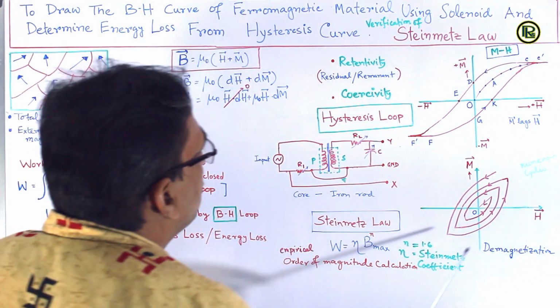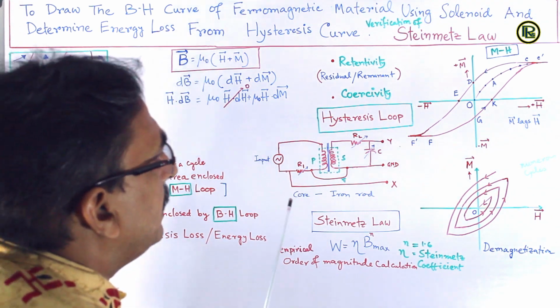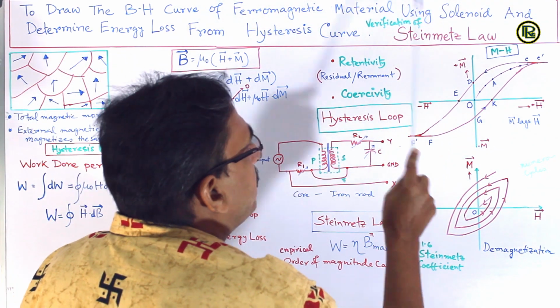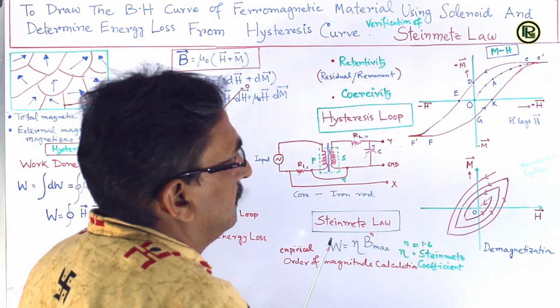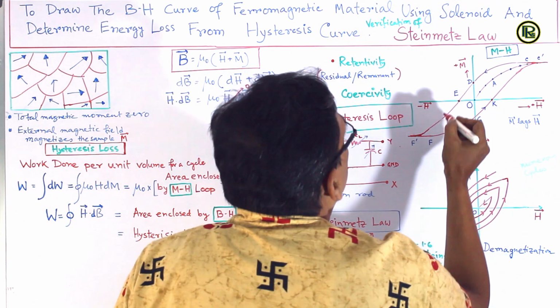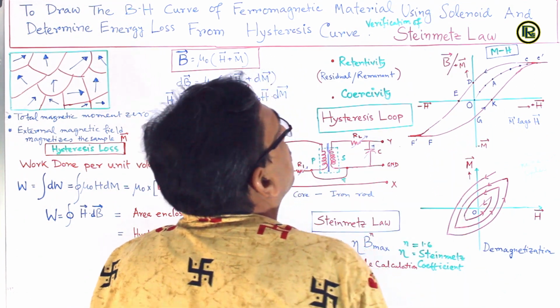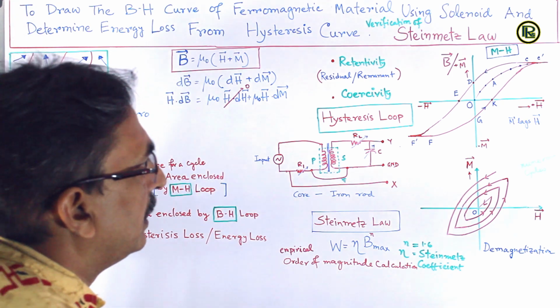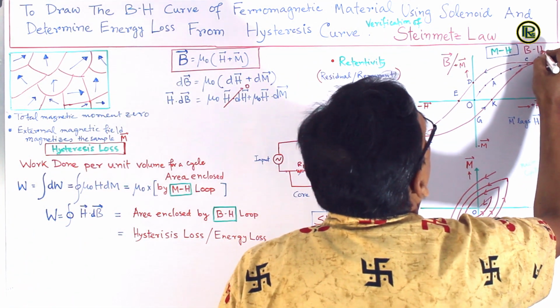And this loop is called the hysteresis loop. Instead of magnetization M, we can plot magnetic induction with respect to H. So this can be B field also, magnetic induction also. And then the curve will be the BH curve.